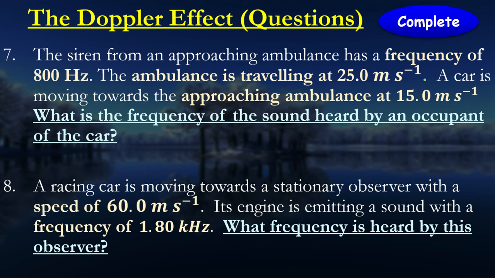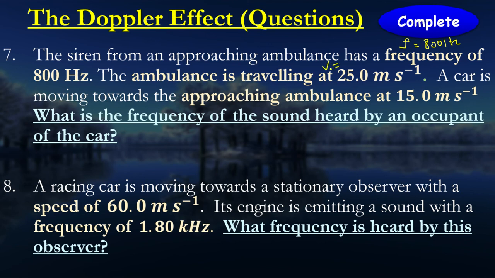So let's do some calculations to work out the frequency of this moving object here. Okay, so let's find the individual calculation numbers. We have an approaching ambulance with a frequency of that. So that's our F, the frequency that's been generated.